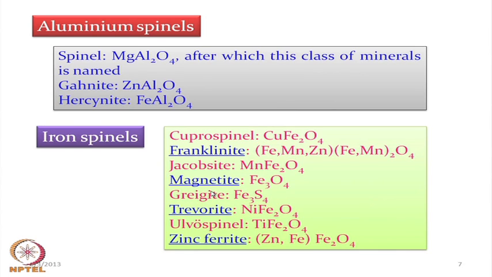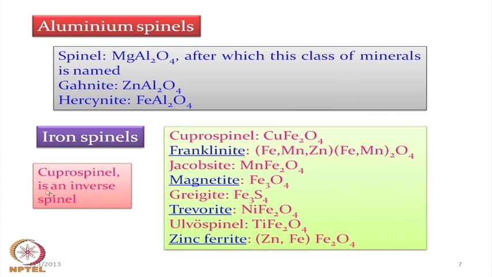Then we have magnetite, which has iron. Then greigite, whose arrangement is based on sulfur, a different class known as the thiospinel structure, and trevorite, based on nickel, then titanium, zinc and iron. In greigite the oxide lattice has been changed from oxide to sulfide, and cuprospinel can have a typical inverse spinel structure.